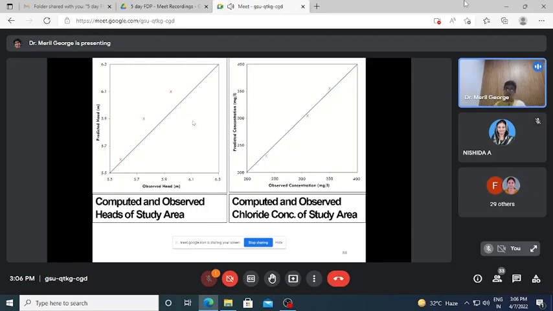The predicted and observed chloride concentration in these 3 observation wells for the steady state condition is plotted here.